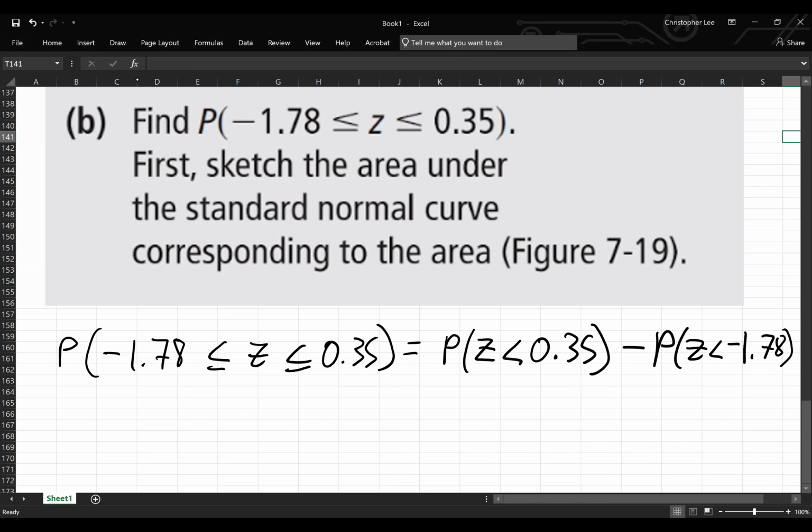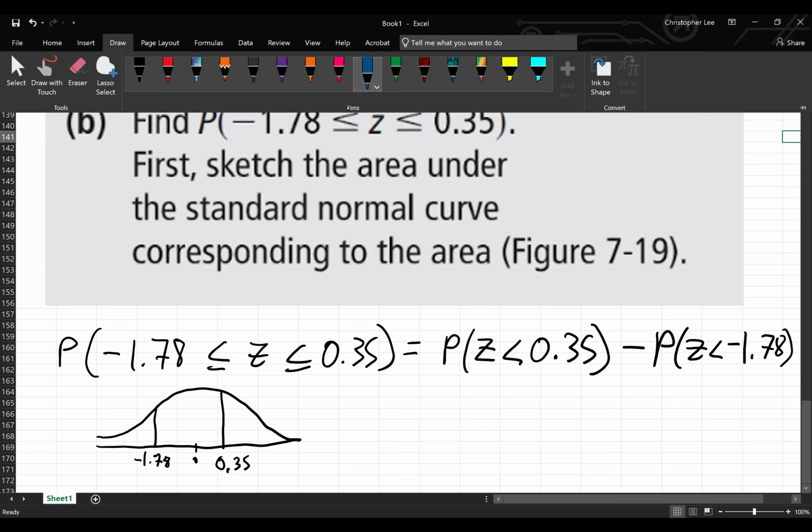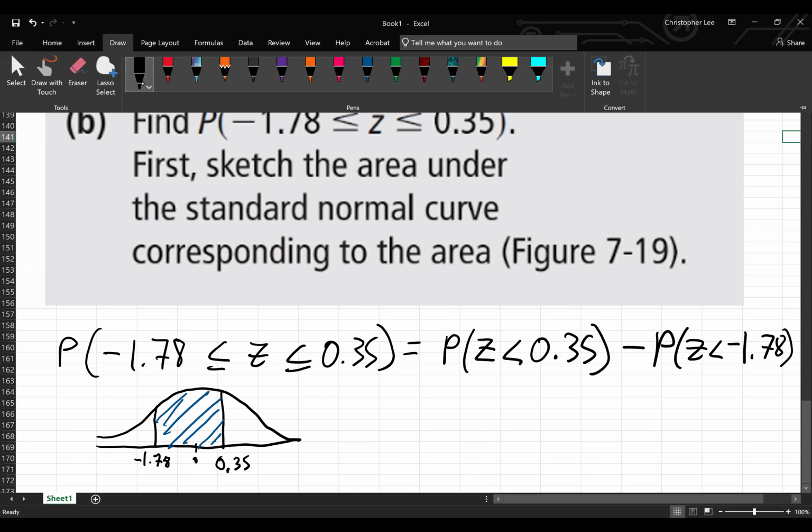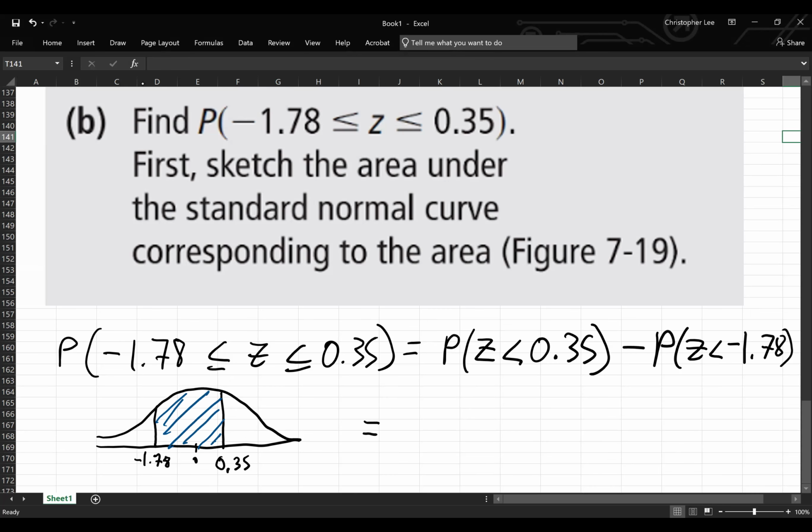Let me draw this out so you can see visually. In the middle is 0. 0.35 is somewhere here, and negative 1.78 is somewhere here. I want the area in between. But my table can't give me that, it only gives me less than.